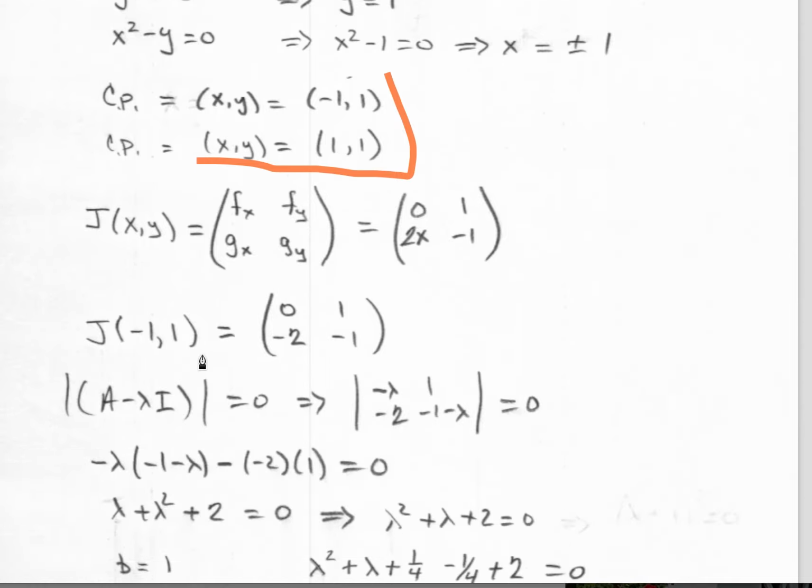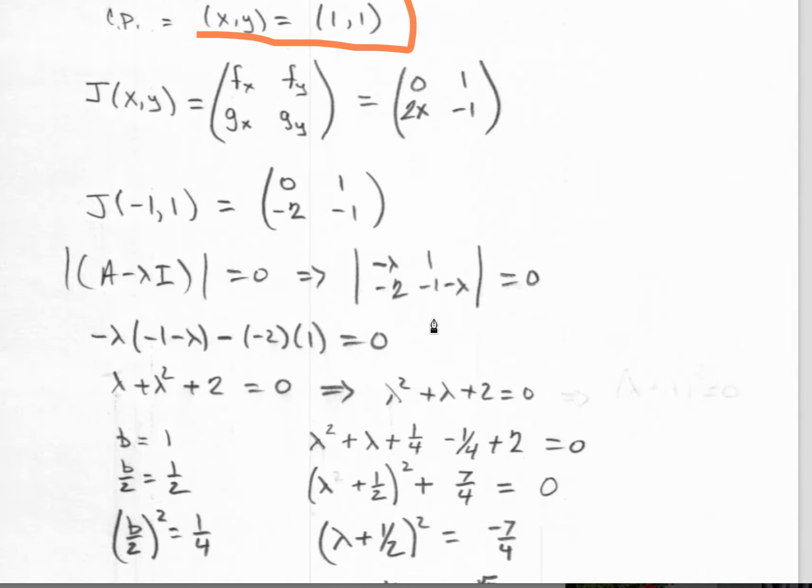And so I plug into the Jacobian my first critical point, (-1, 1). I plug in negative 1 where I see x, and positive 1 where I see y, and I end up with 0, 1, minus 2, minus 1. Then I take A minus lambda I of this Jacobian.